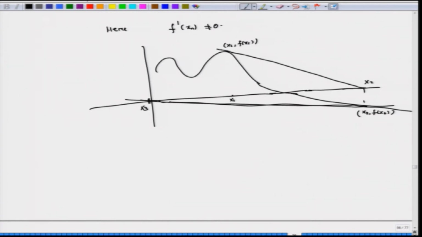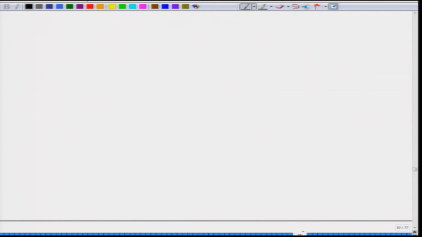If we get into this sort of problem, how do we avoid that? In these cases we need a better choice of x 1.